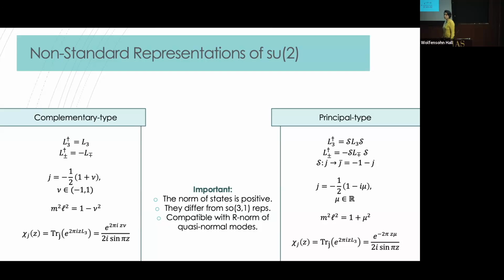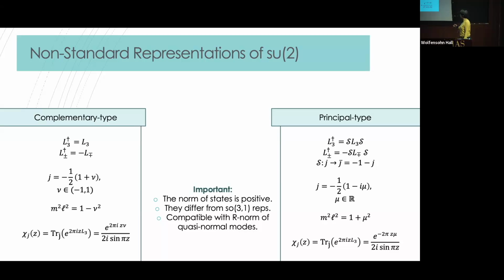There are infinite dimensional representations, and here I'm writing the character associated to this representation. This one does have an analytic continuation to SL(2), so it's the familiar complementary representations of SL(2). Now here there are the principal type representations, where the Hermiticity is a little bit more complicated.